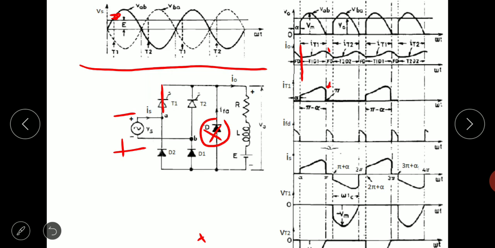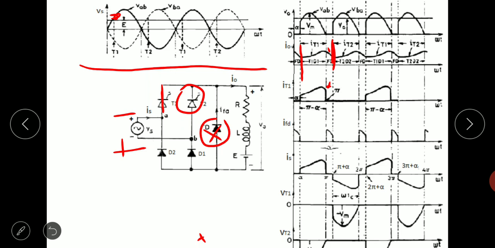This thyristor can commutate if its current becomes zero, that means if the current flowing through thyristor T1 gets diverted through thyristor T2. But can this current divert through thyristor T2? The answer is no, because thyristor T2 is not yet triggered. We will trigger it at a later angle, pi plus alpha. So between pi and pi plus alpha, T2 is not fired. So T1 is not yet commutated. T1 will continue to conduct.